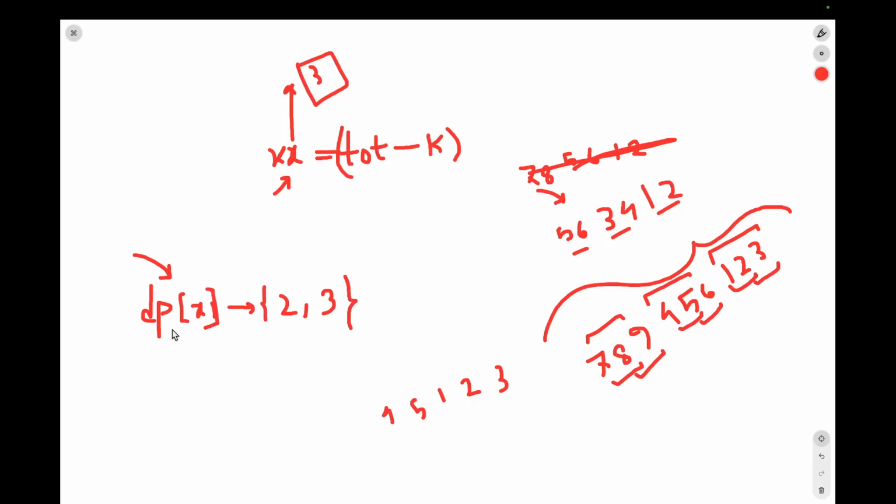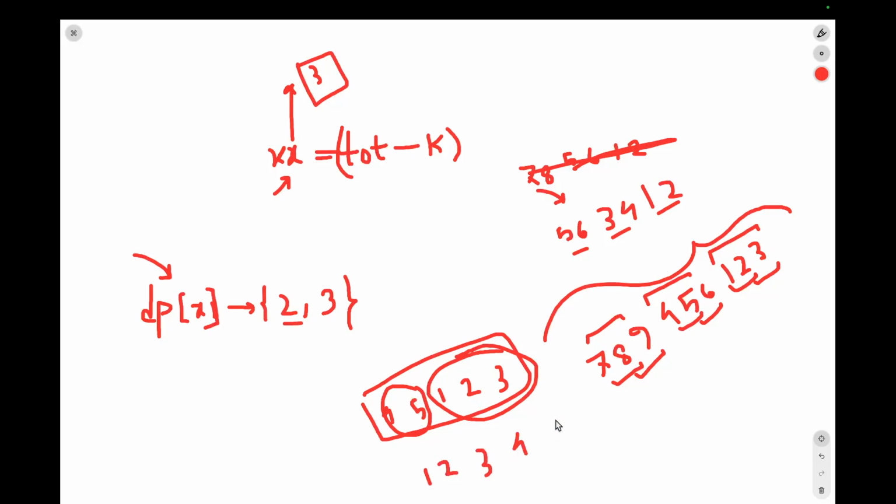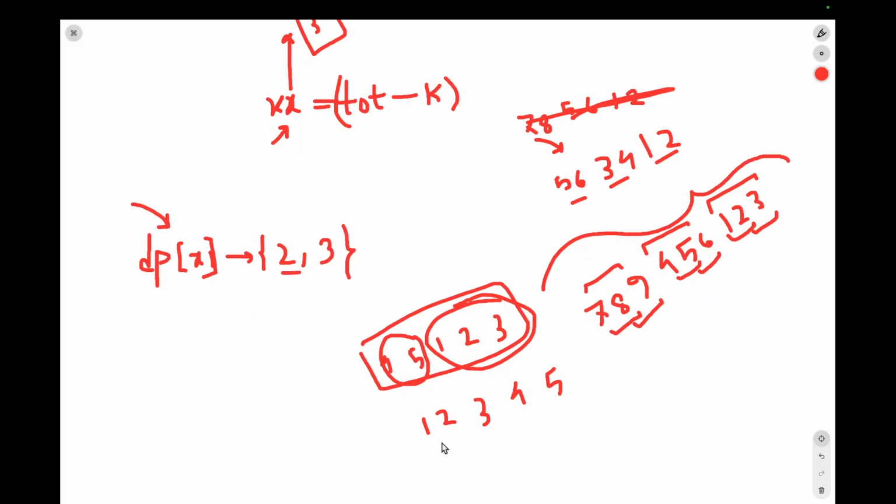So if dp of x gives us this type of answer, then the array will look like this, where two elements are increasing, then three elements are increasing. We cannot write 1 2 then 3 4 5, because 2 3 is then also increasing, and so on, which is not present in the array. So we have to write it in a different way.